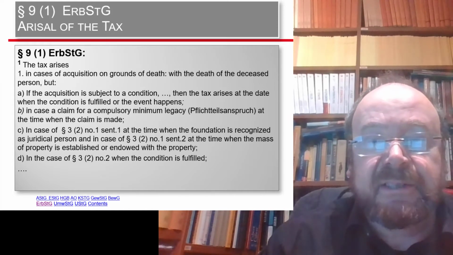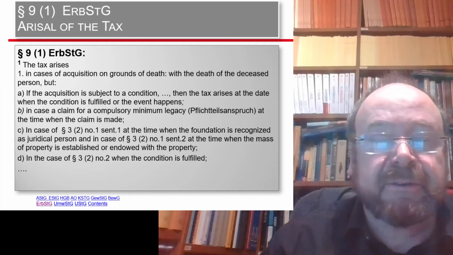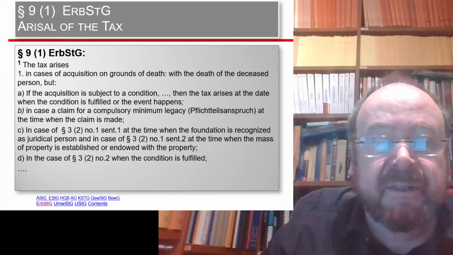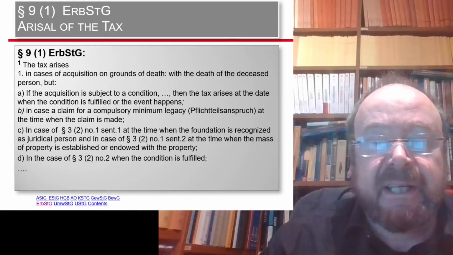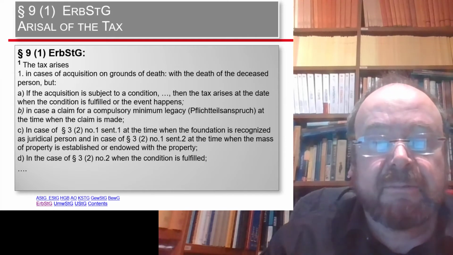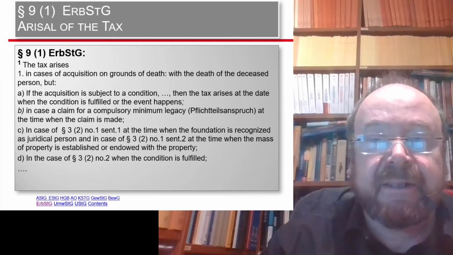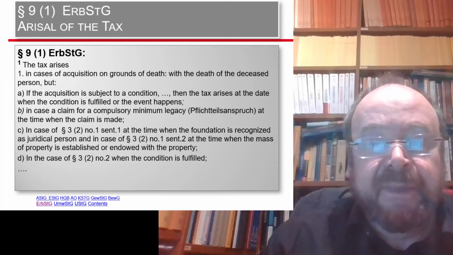So just to be sure, we check the deviation letters here. A, if the acquisition is subject to a condition, no, it is not. In case of a claim for a compulsory minimum legacy, no, that is not a compulsory minimum legacy. That's a legacy in the last will and testament.